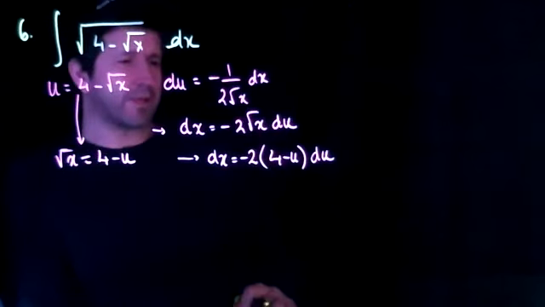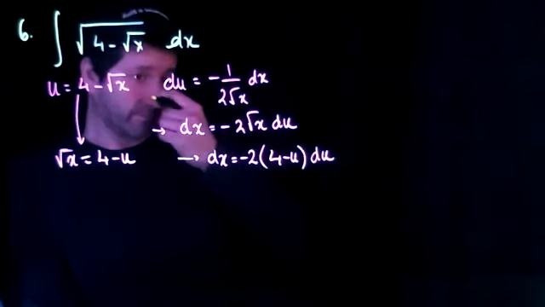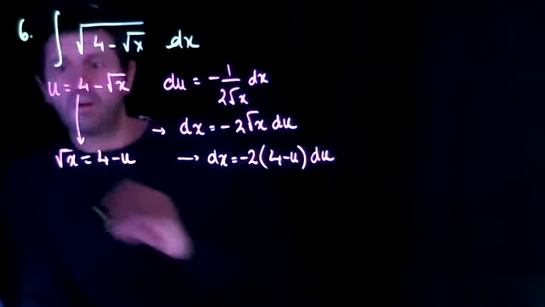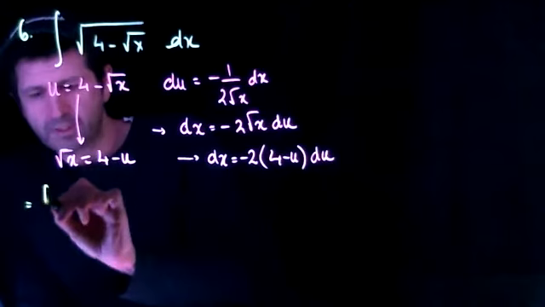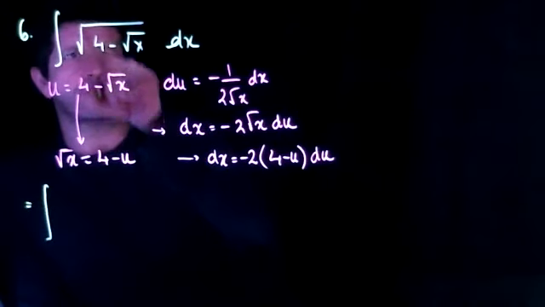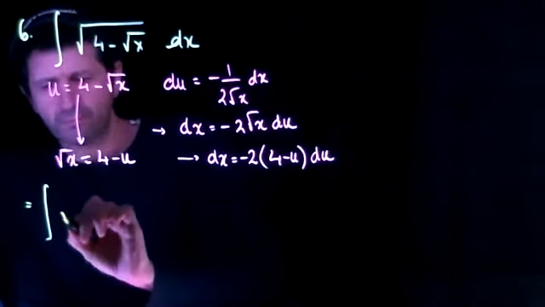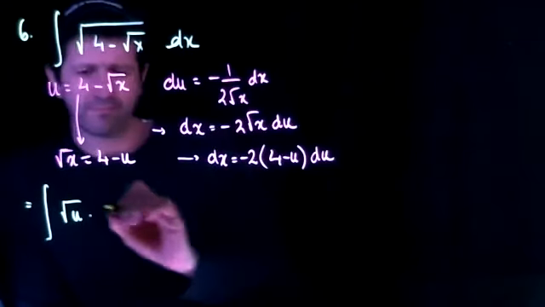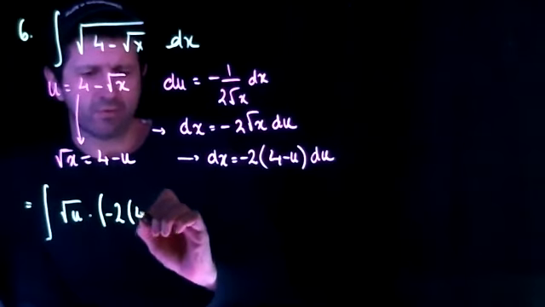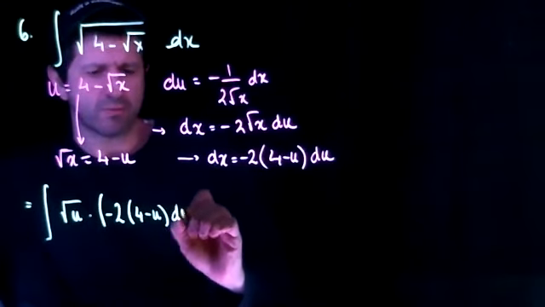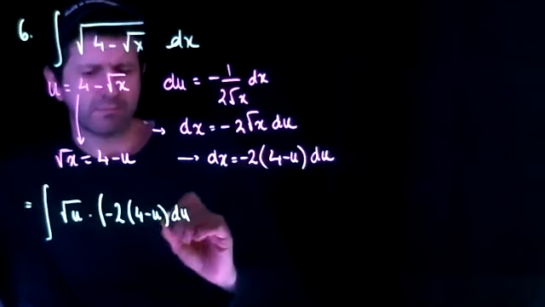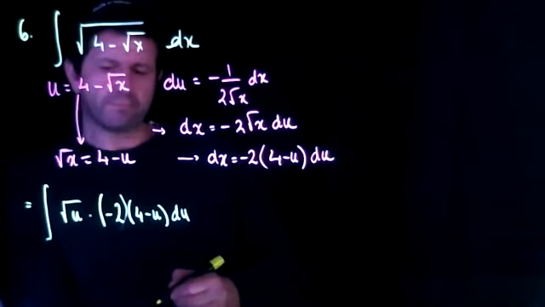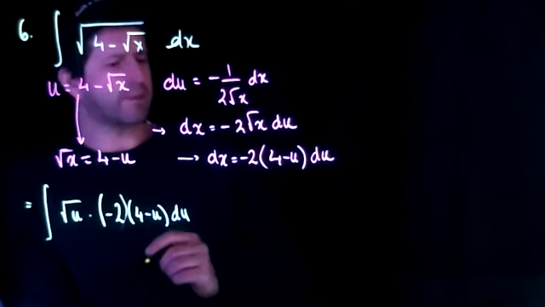Okay, so it's a bit tricky. Let's replace everything now. So I have square root of u times dx, which is negative 2 times 4 minus u du. And that's easy now.